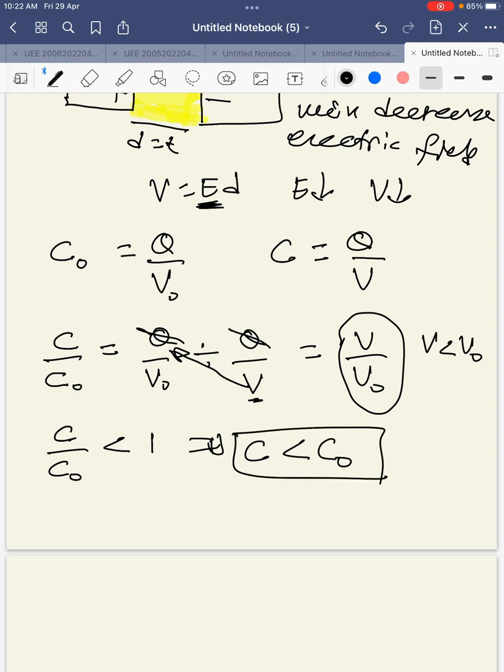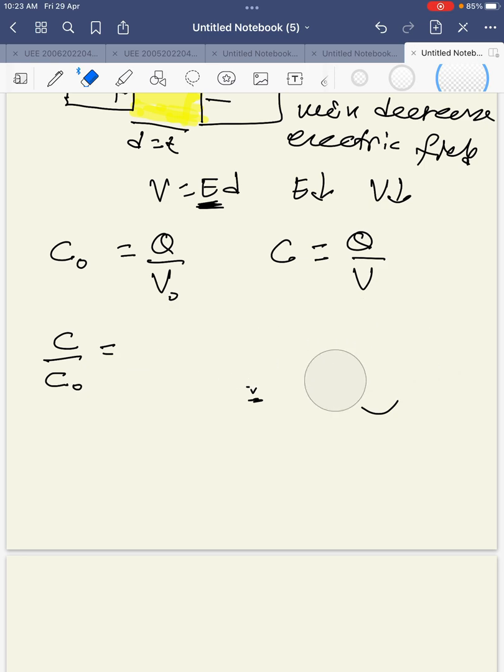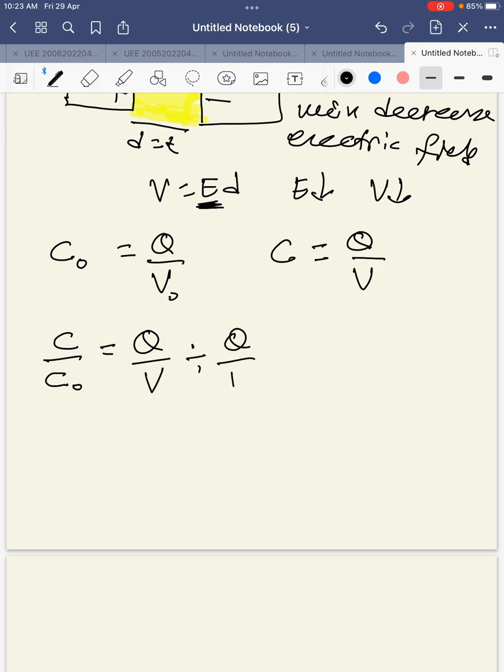Okay, I made a mistake, excuse me. C over C naught is equal to Q over V divided by Q over V naught.